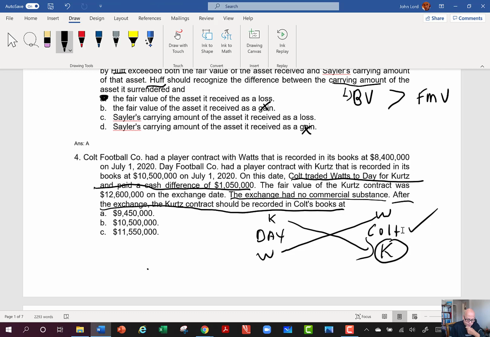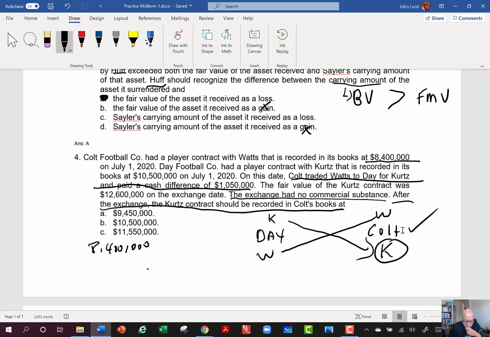Okay, so first, let's see if we can figure out the book value of any assets that were surrendered by Colt. Colt surrendered a contract with Watts, it's just kind of hard to keep track of all these names here, for $8,400,000. And it was recorded on its books for $8,400,000.